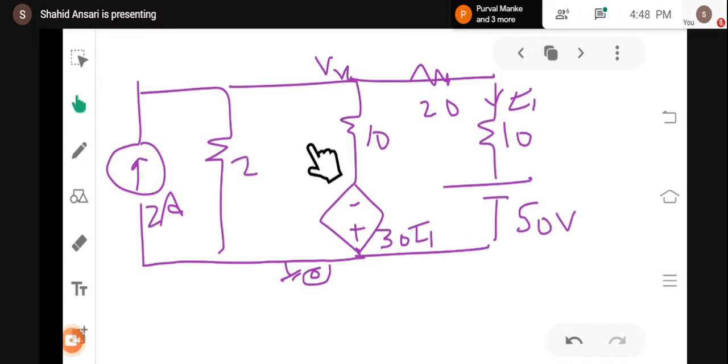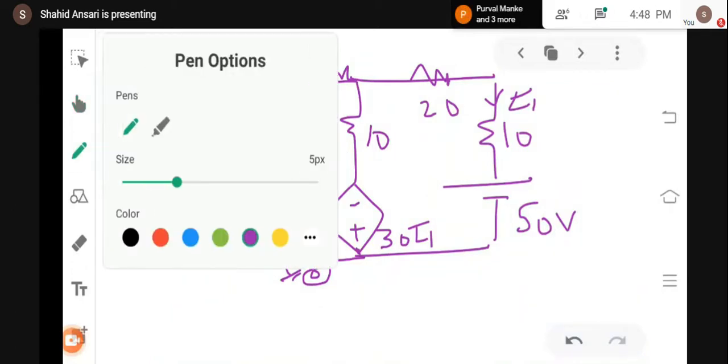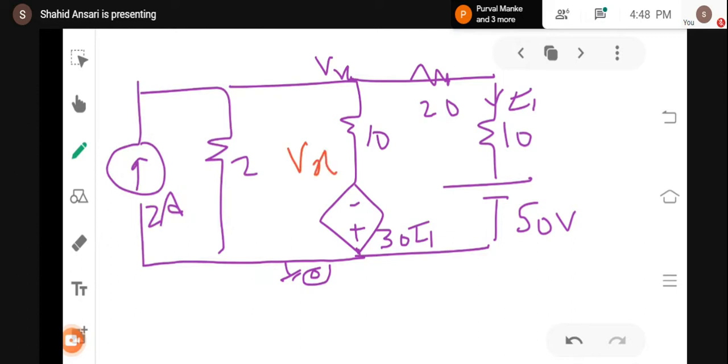So can I call this particular branch voltage as Vx? Look at this point very carefully. The voltage at this particular point is Vx, and the voltage at this point is 0. It means I can write the voltage across this complete branch as Vx, because the complete voltage across this branch is Vx minus 0, meaning Vx.